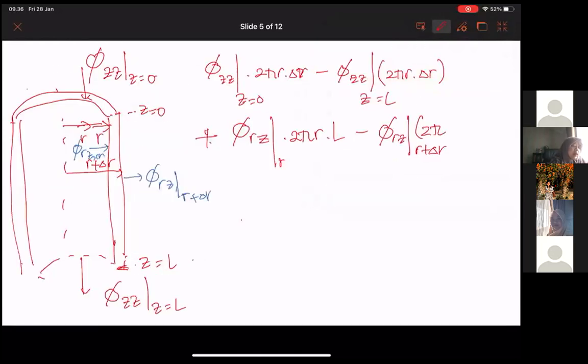It's actually R plus delta R, so let me write R plus delta R, multiplied by L. And after that we also have the gravity.